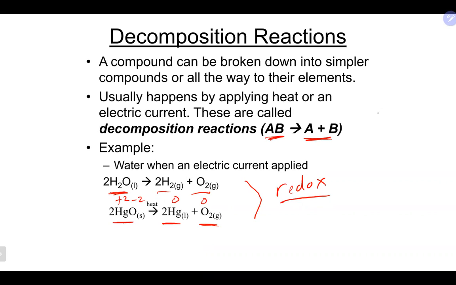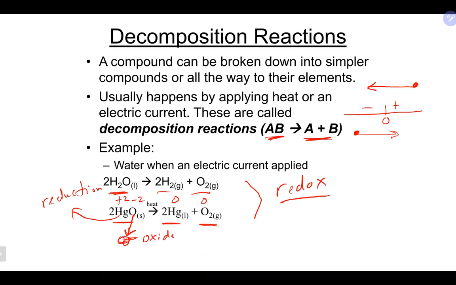So if we look at the mercury in this case, it starts at +2 and ends at 0, which means it's becoming more negative. If you become more negative, it is going through reduction. The oxygen starts at -2 on the left and ends at 0, which means it's becoming more positive, which means the oxygen here is going through oxidation.